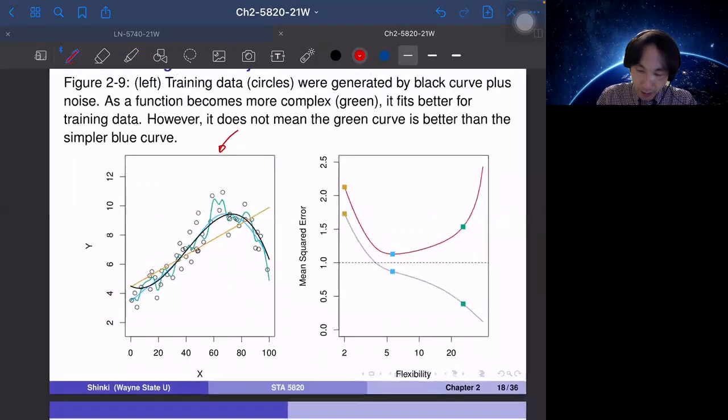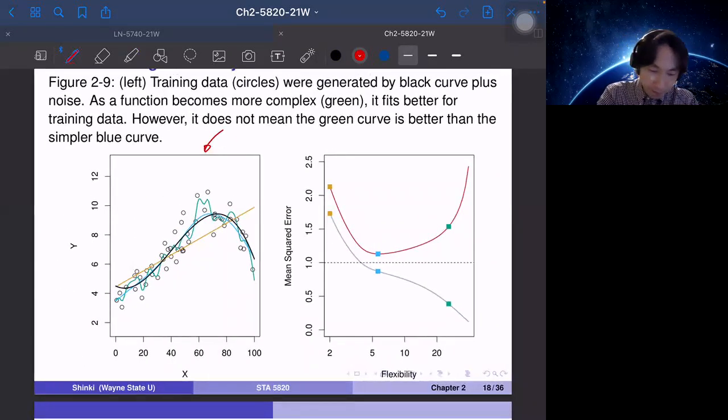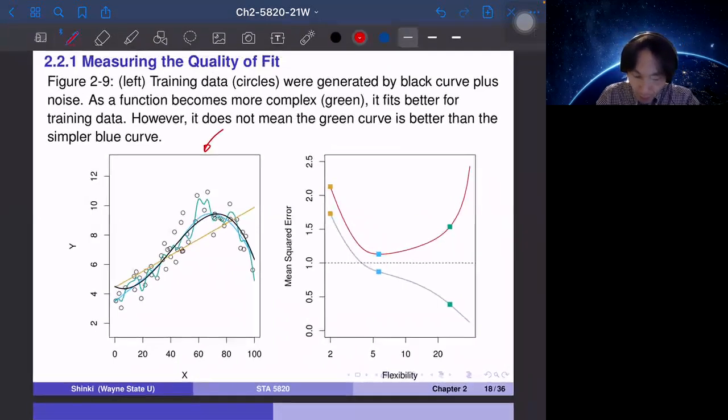Then the problem is that if we fit the straight line, this yellow one, the fit does not change probably if the data change a little bit, but it does not really capture the trend of the data.